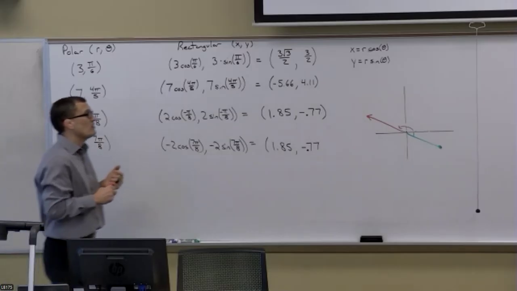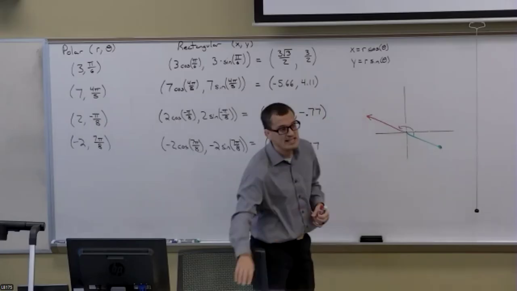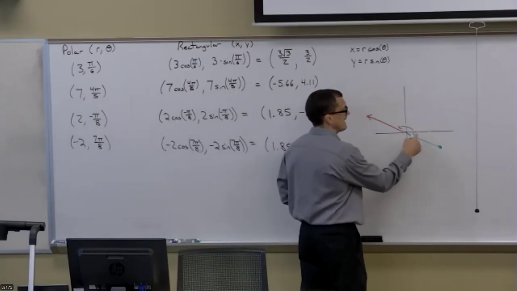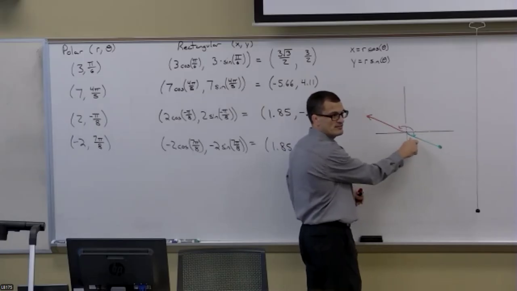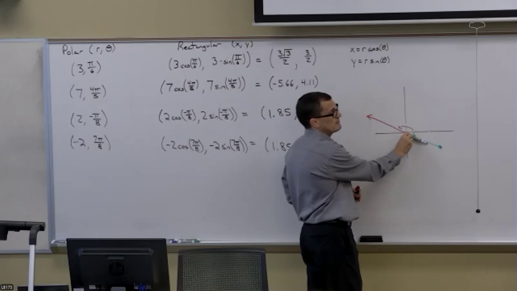And once you see that, then you'll realize, well, that can happen in a lot of different ways. Here we had negative pi over 8. What if we said, let's talk about an angle between 0 and 2 pi? We could have added 2 pi to that. That would be, what's that, 15 pi over 8. Is that right? If I add 2 pi to negative pi over 8.